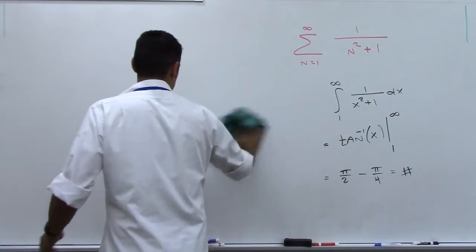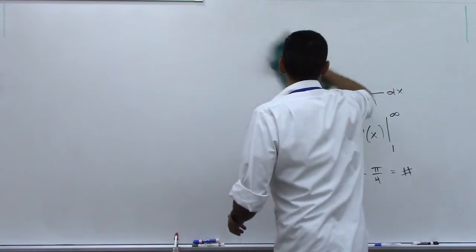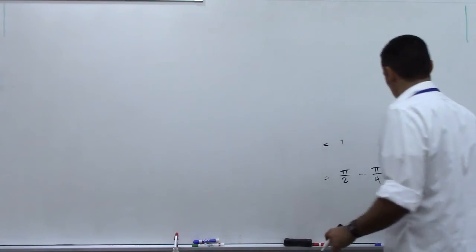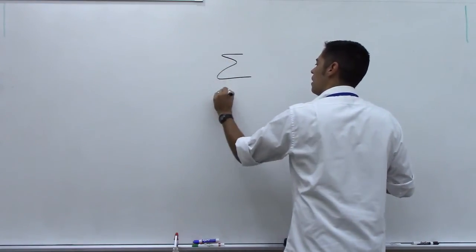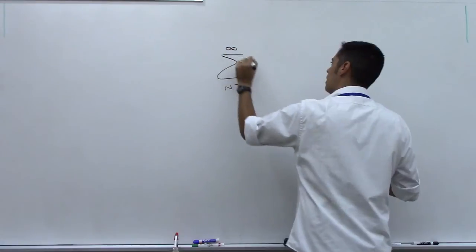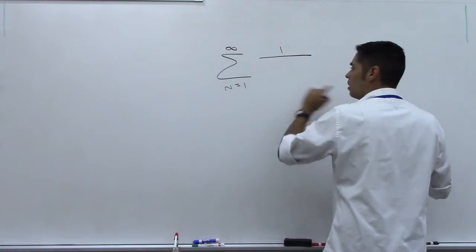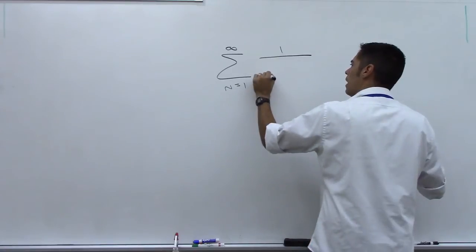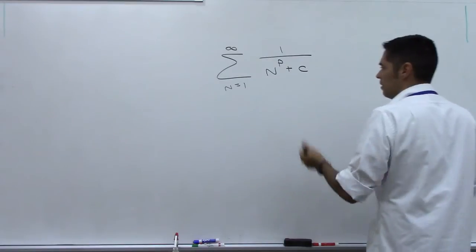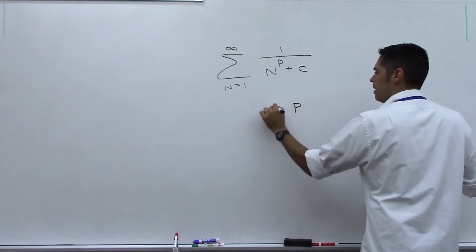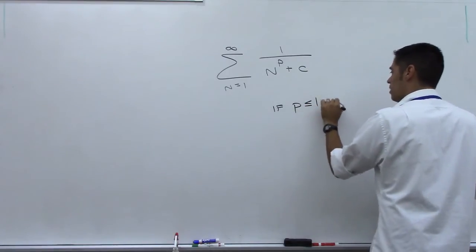So I guess the moral of the story is this, and maybe I'll mention this in lecture, I don't know if I will for sure, but if you have something like this, sum n equals 1 to infinity of 1 over n to the p plus some constant, if p is less than or equal to 1, it will diverge.